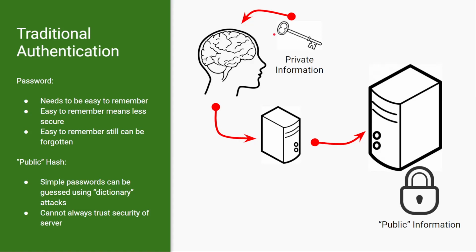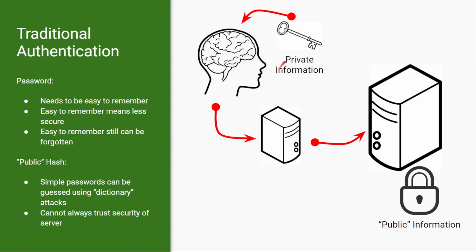And so we do things such as mnemonics, or we just simply take the name of our favorite pet, or put our birth date in there, which is horribly insecure because those things can be found fairly easily by anybody determined enough to access our account. So even though these need to be easy to remember and they're less secure, we still have the problem that even the easy to remember stuff can be easily forgotten.